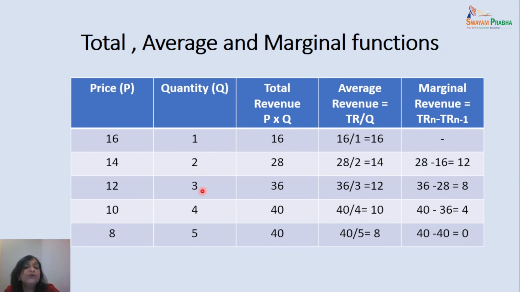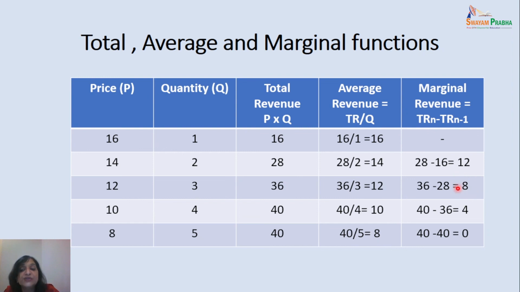Now instead of 2 units, I start selling 3 units. What is the difference in quantity? 3 minus 2 is 1. 1 extra quantity I am selling. What has happened to my total revenue? When I am selling 3 units, what is my total revenue? 36. What was my revenue when I was selling 2 units? 28. So 36 minus 28 means the answer is 8.